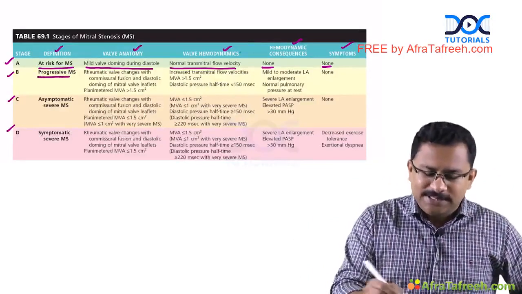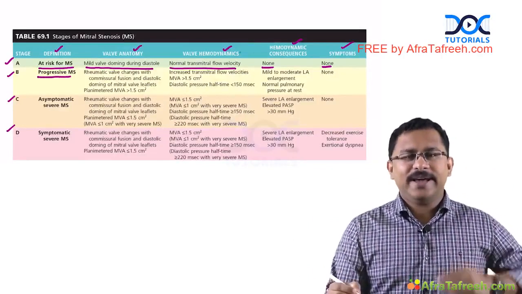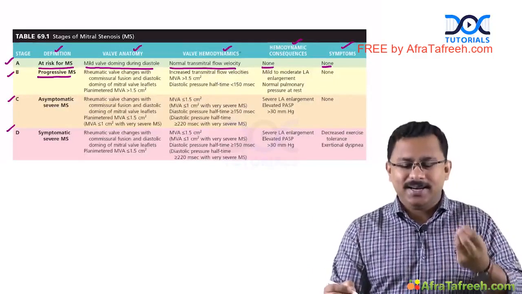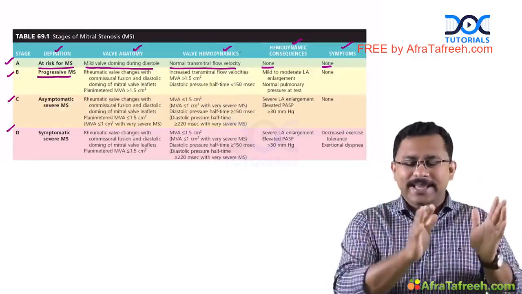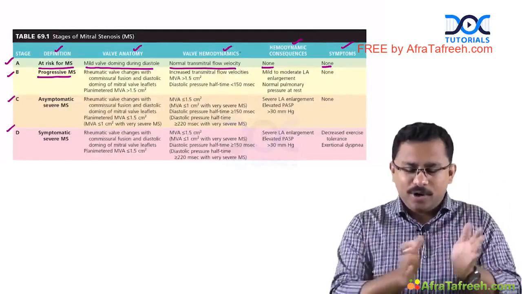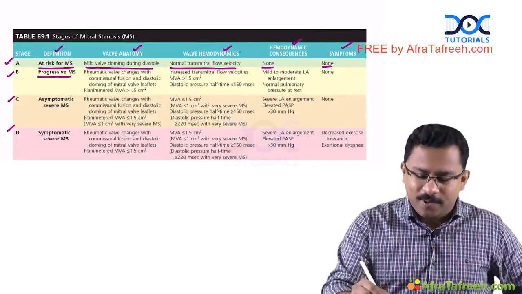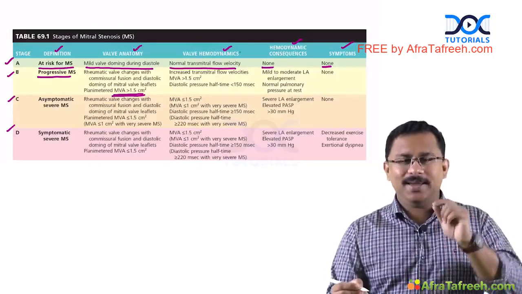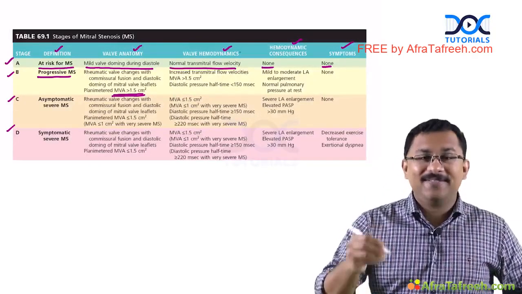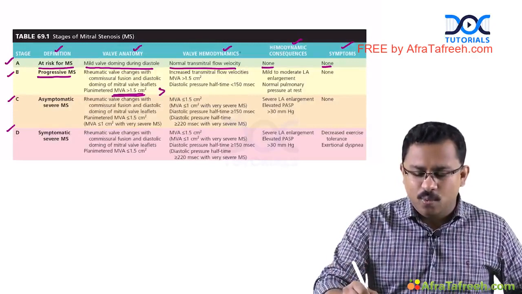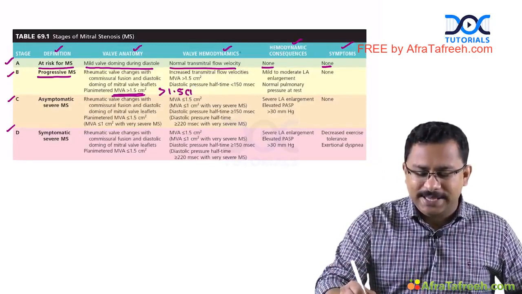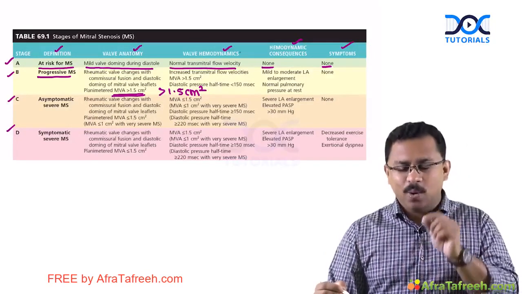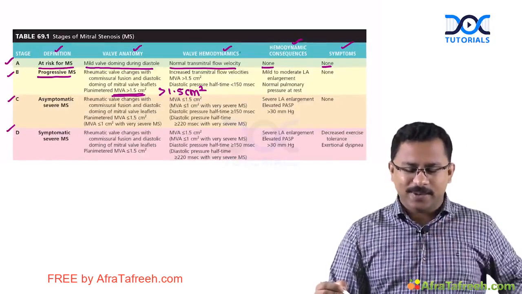Stage B is progressive mitral stenosis, where the patient can go on to develop the pathological changes of mitral stenosis, which we have already learned. But the most important point is this one: in stage B, the mitral valve area is above 1.5 centimeter square.